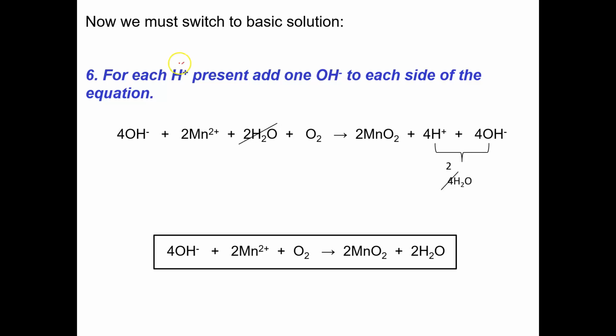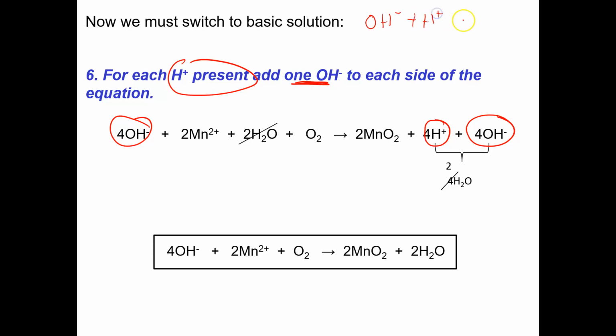So for each hydrogen ion present, you are going to add 1 hydroxide ion to each side of the equation. We had 4 hydrogen ions present, so we're going to add 4 hydroxides to each side. Now, hydroxides combine with hydrogen ions to form water.